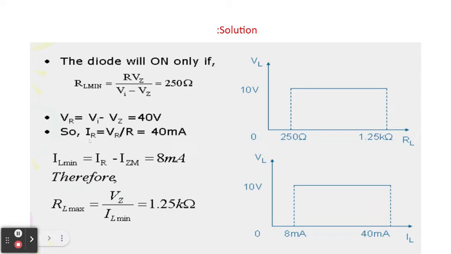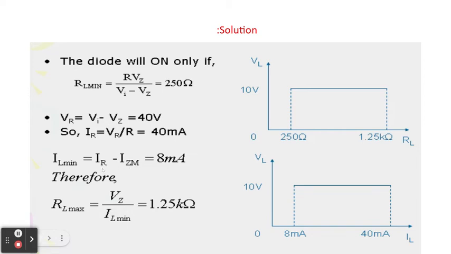So the current on the resistor R will be equal to the voltage on the resistor R divided by the resistance of that R, and we will be getting 40 milliamperes. Again, the values substituted for these quantities were not given, but I'll show it to you later. And after that, because we already know the IR and the IZ max is given, we can subtract our IZ max from the IR.